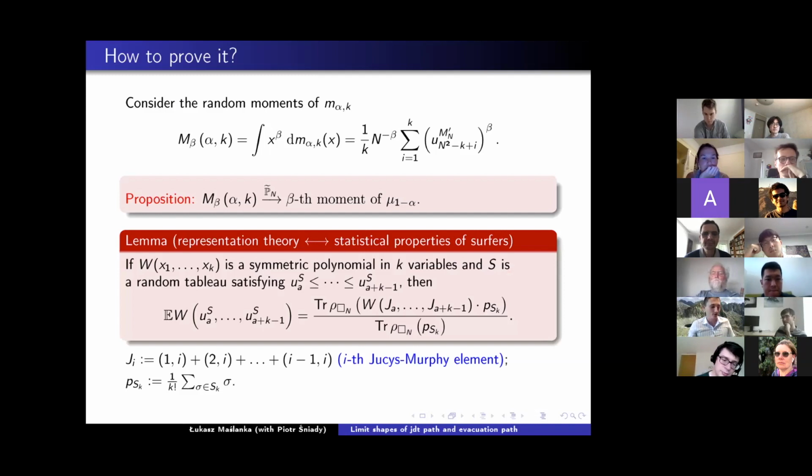And to show this, we use a lemma, which is a connection between representation theory and statistical properties of surfers.